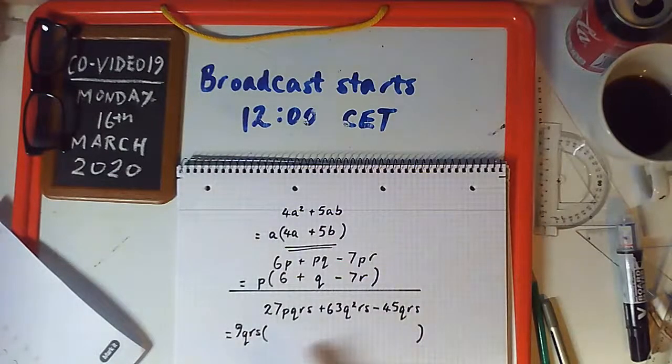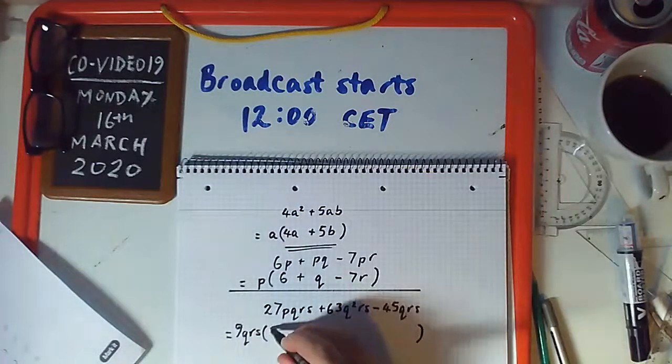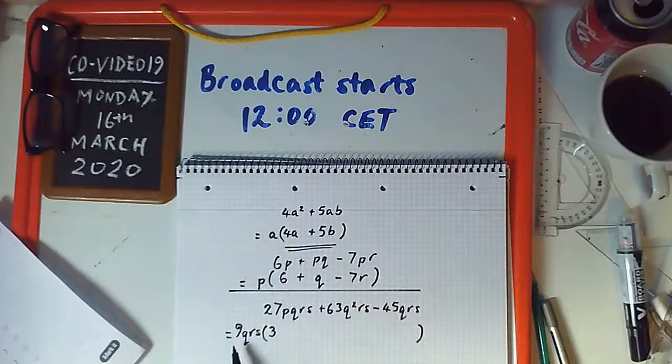Wow. So what do I need to multiply 9QRS by inside the bracket in order to get the thing that I had before? So what do I need to multiply 9QRS by in order to get 27PQRS? I need to multiply it by 3 so that I get the 9 times 3 making the 27.